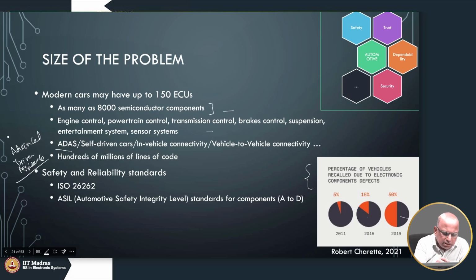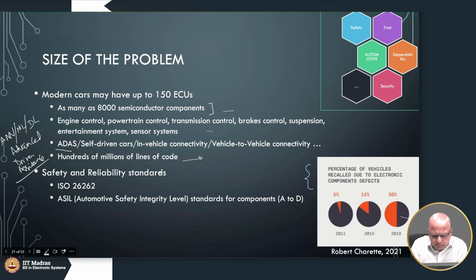So it uses things like artificial neural nets. It may use machine learning. It may use deep learning and all that stuff. And the amount of code that people are writing for cars is apparently in millions of lines.